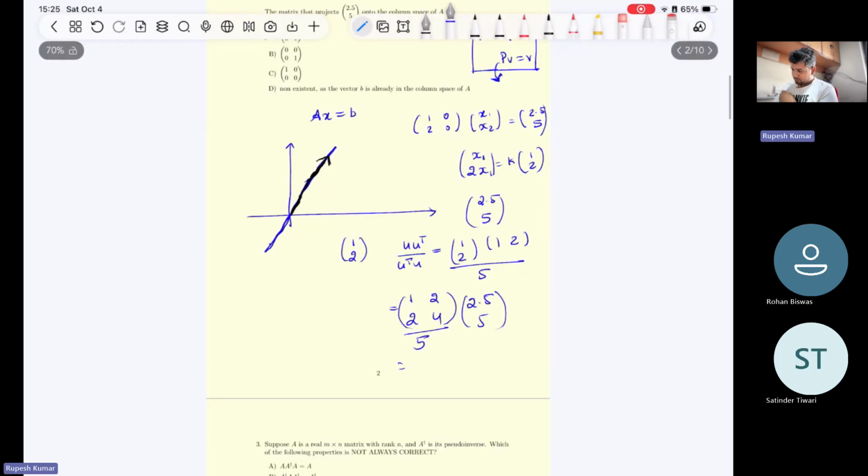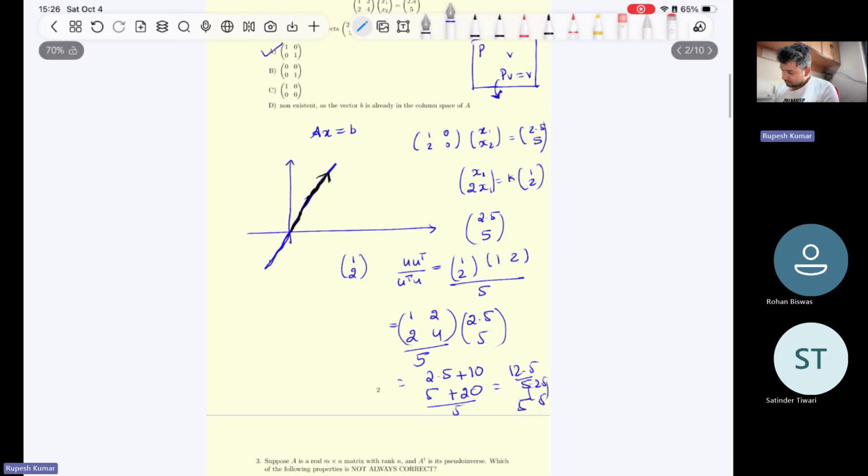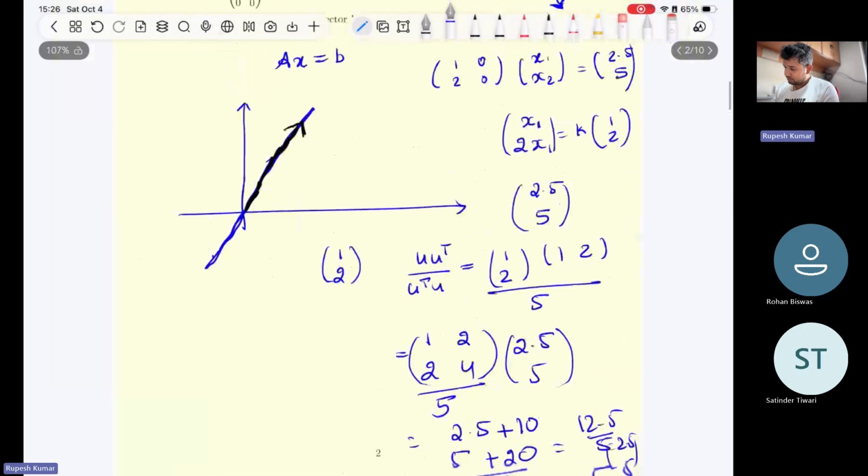What does this give you? 2.5 plus 10 is 12.5, and 5 plus 20 is 25, divided by 5. So 12.5 by 5 is 2.5, and 25 by 5 is 5. You get (2.5, 5). So this will be your projection matrix that we are looking for.